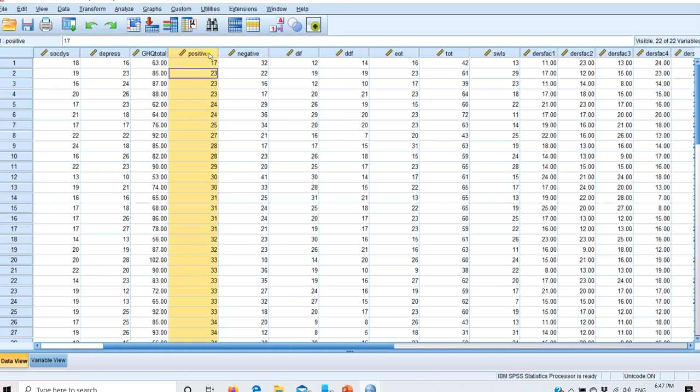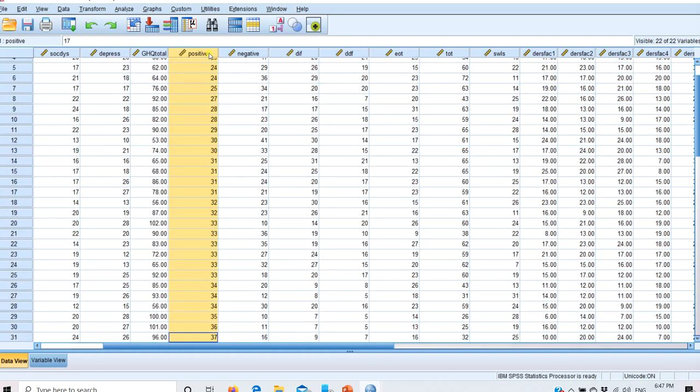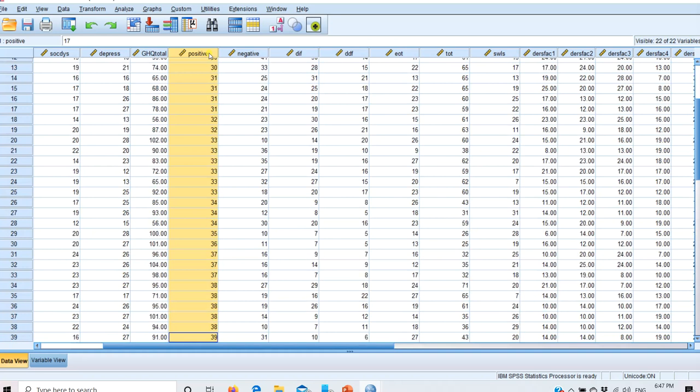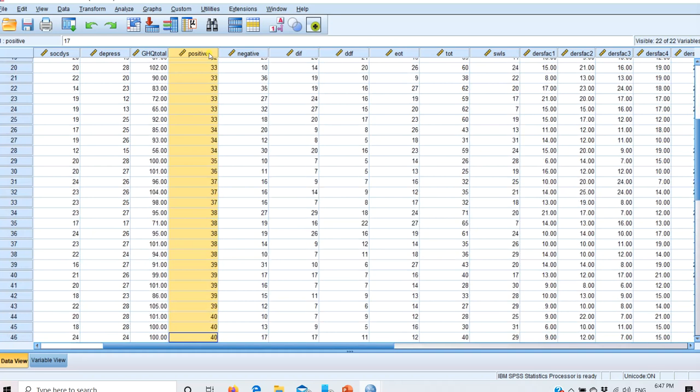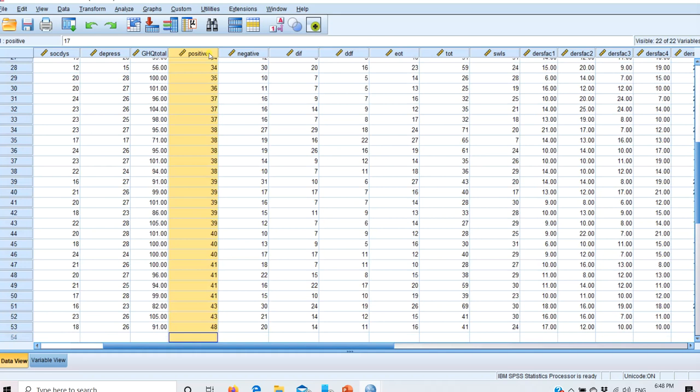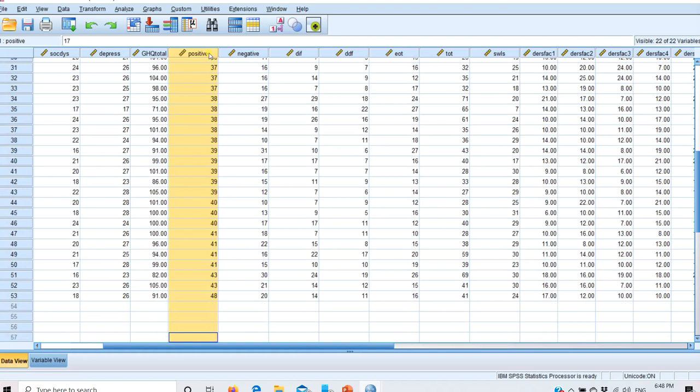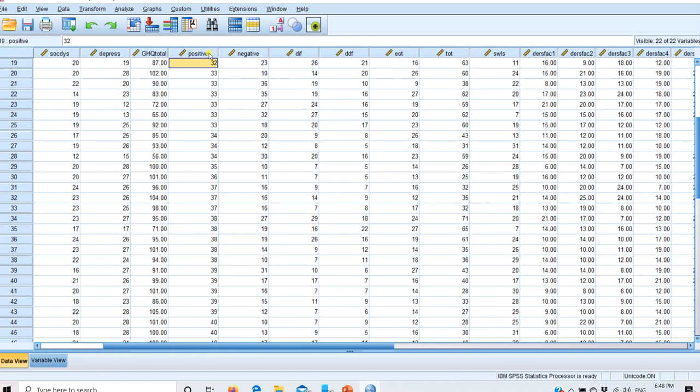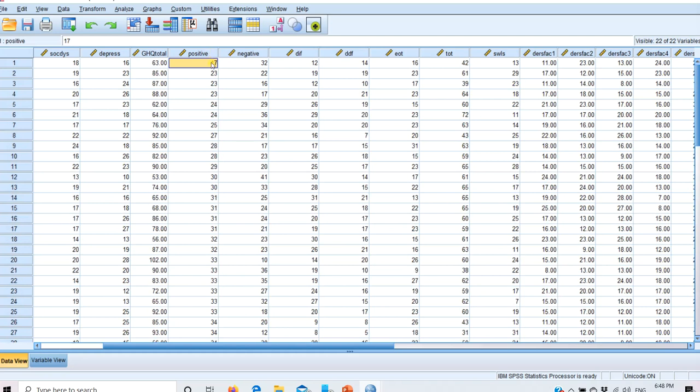When you press enter, it will move down. The values are 30, 28, 33, 34, like this, 37, 38. You see, the majority of the cases are in this range of scores, and that particular individual had a score of 17. So this is really an outlier if we are going with the criterion of plus minus 2.5.